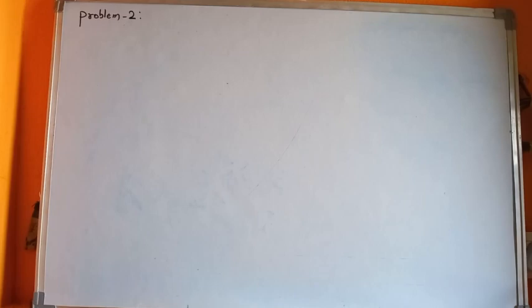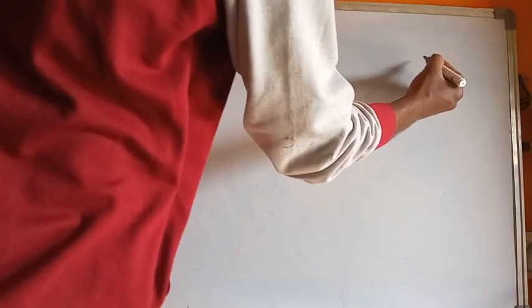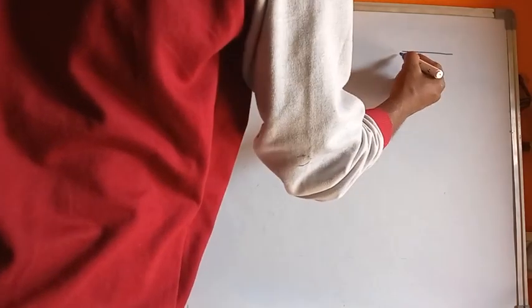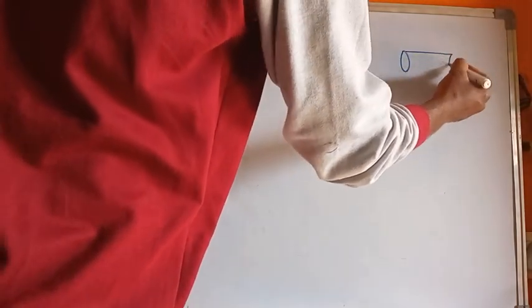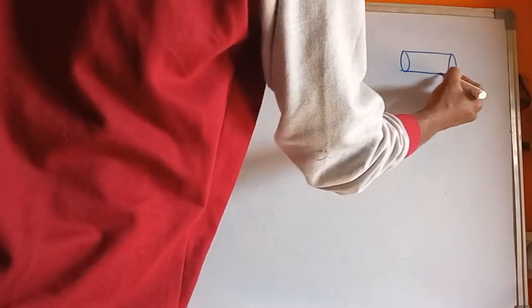Okay, a rope of negligible mass is wound around a hollow cylinder of mass 3 kg. Here we have the hollow cylinder like this. This is our hollow cylinder.